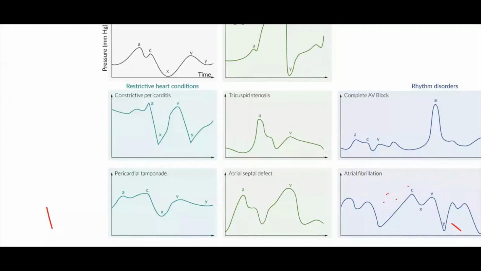Left to right. Exactly. V wave is what? We said V wave is venous return. Right atrial filling. Exactly. The blood flow is increased when you have increased venous pulmonary blood flow.